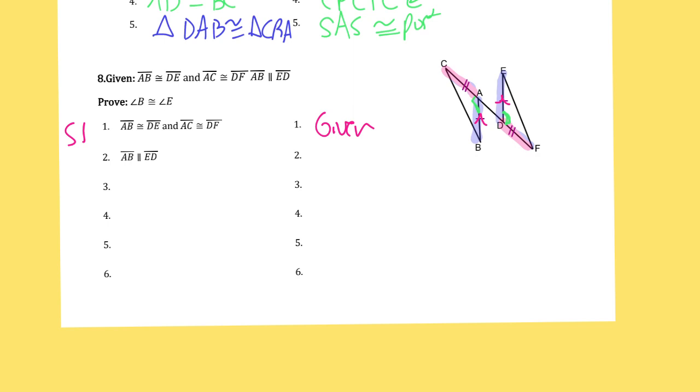So let's do it. AB is congruent to ED, that's given. Angle CAB and angle EDF are going to be alternate exterior by definition of alternate exterior.